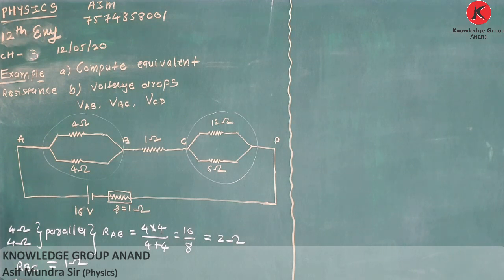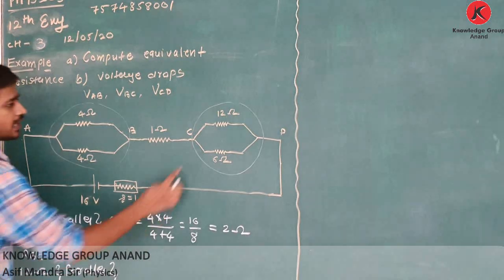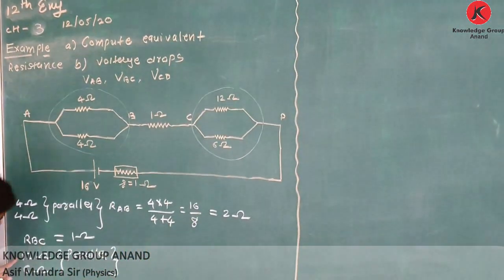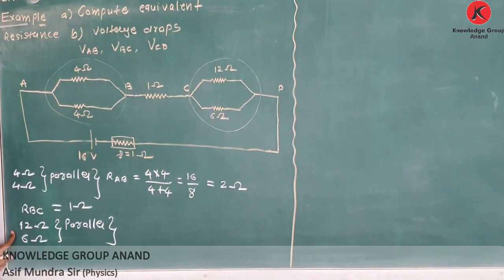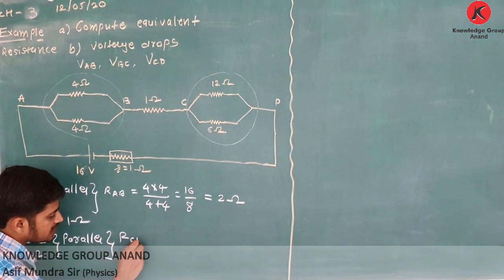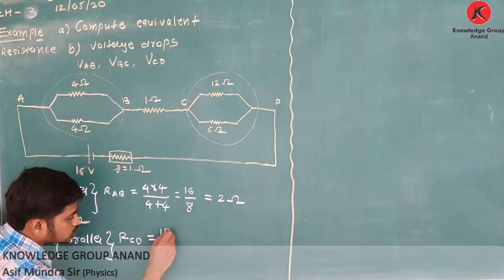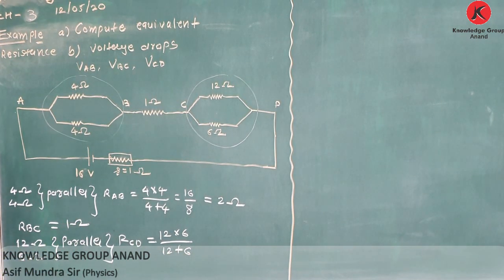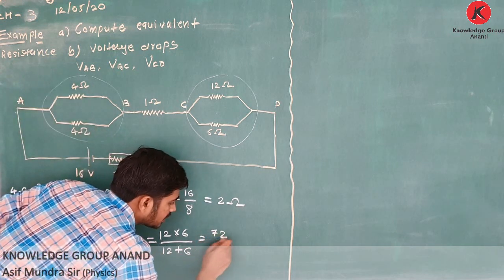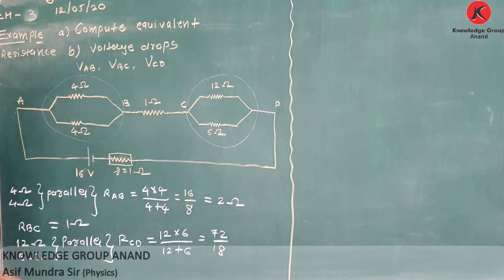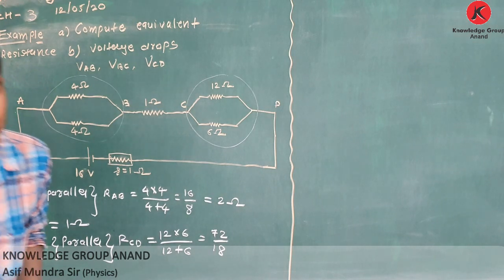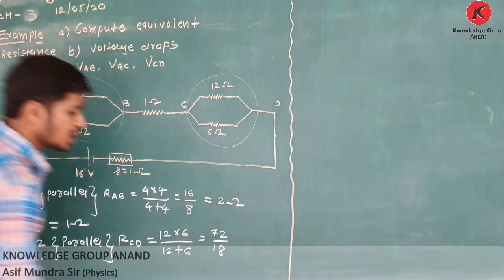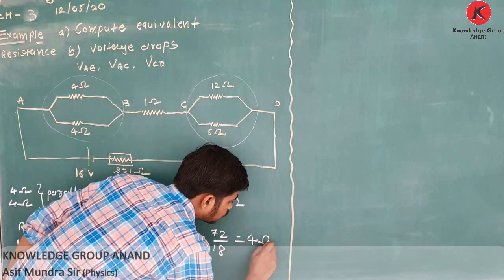Resistance RCD is equal to 12 into 6 upon 12 plus 6. 12 into 6 is 72, 12 plus 6 is 18, and 18 into 4 is 72. So this answer is 4 ohm.